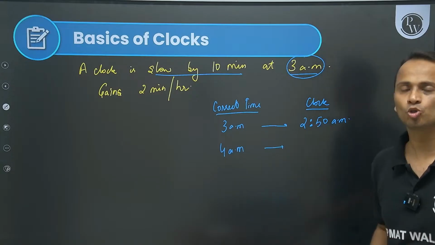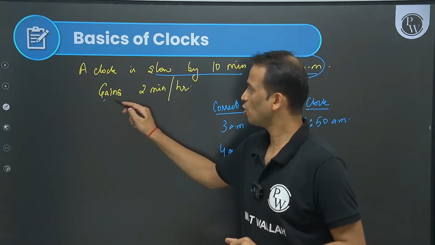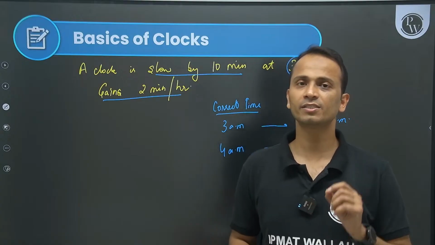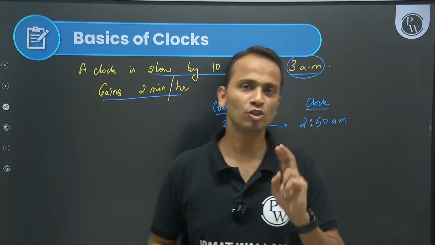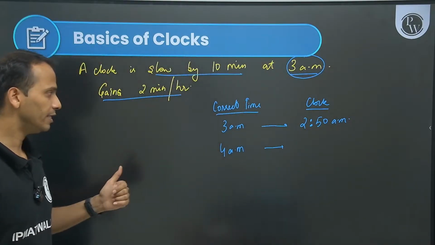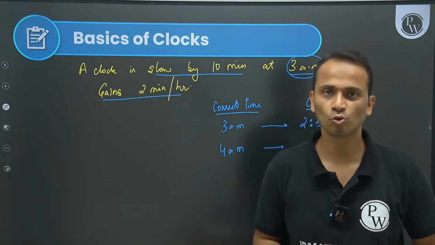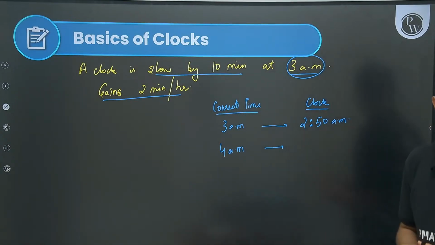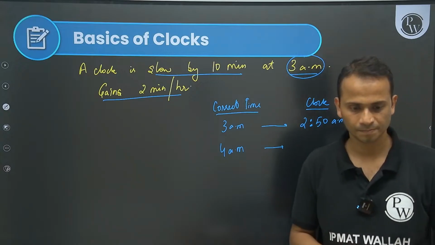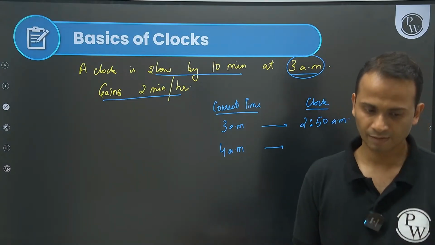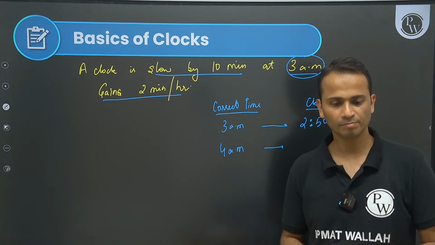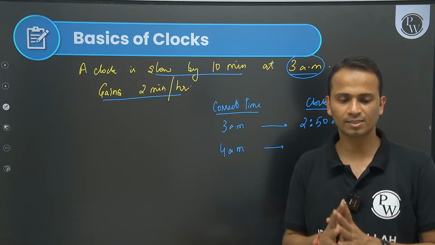Done? All of you quickly tell me at 4 a.m. what will be the time shown by this clock if the clock is gaining 2 minutes per hour. हर एक घंटे में 2 मिनट अगर गेन कर रही है, then after 1 hour, that means at 4 a.m., what will be the time shown in this clock? Lovely, wonderful. That's great, good.